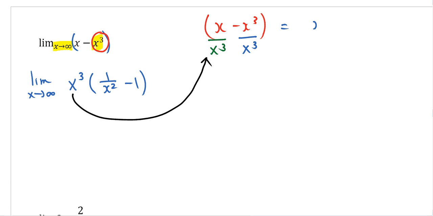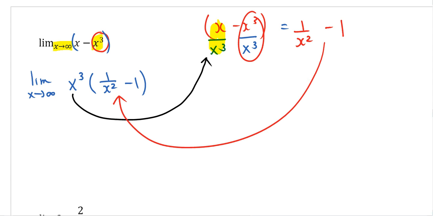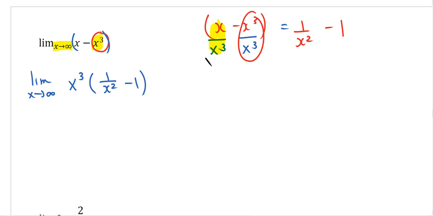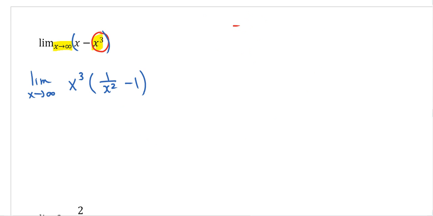If I simplify that expression, I will get 1 over x squared, and x cubed minus x cubed, that's going to be 1, so that's how I get that expression right there. Okay, so that's step number 1. Just factor out an x cubed, and if you factor out an x cubed, you get this expression right here.